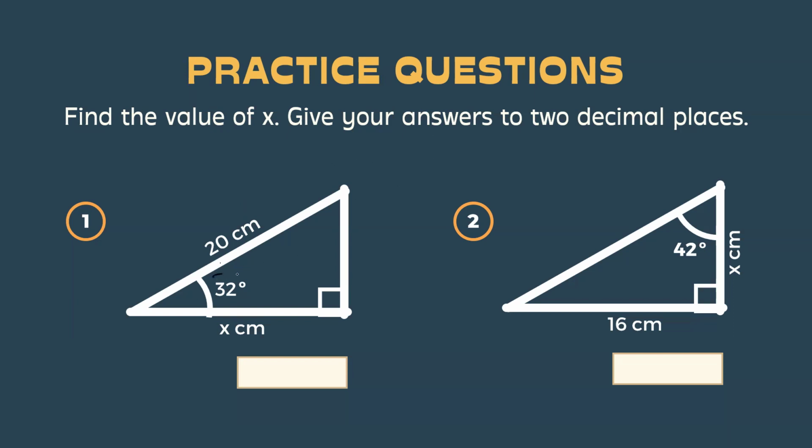In this case, you have an angle of 32 degrees. And then you have here your hypotenuse, and then you have here the adjacent side.